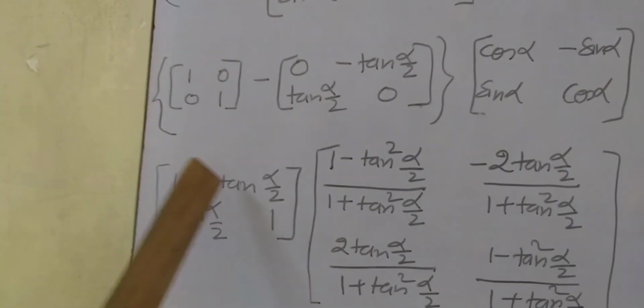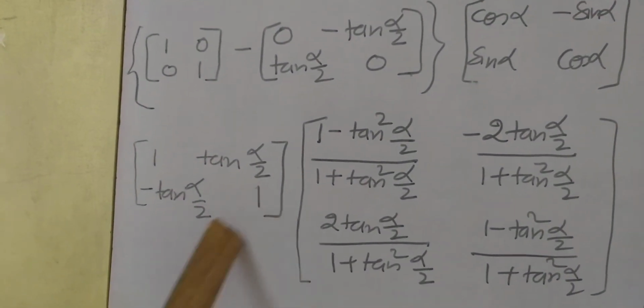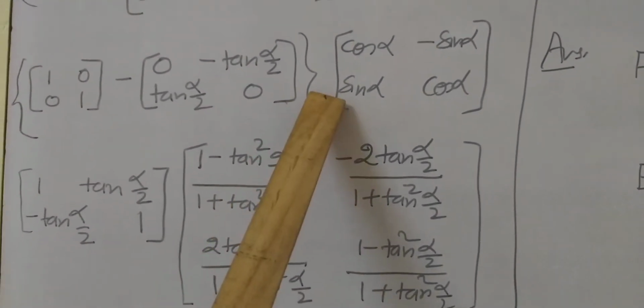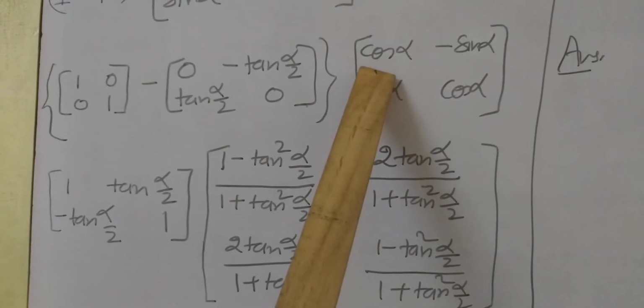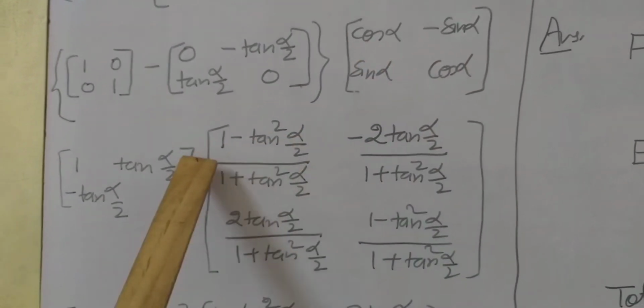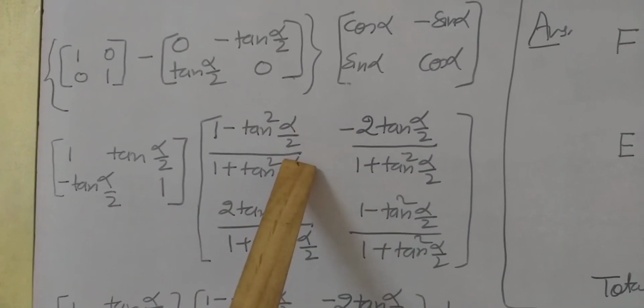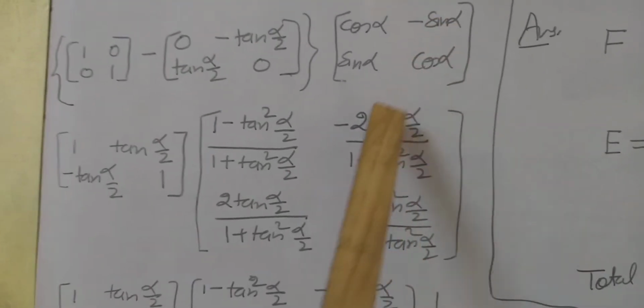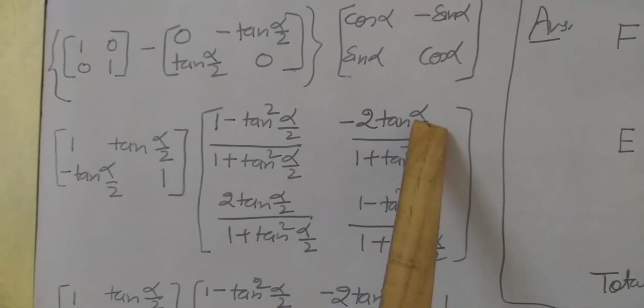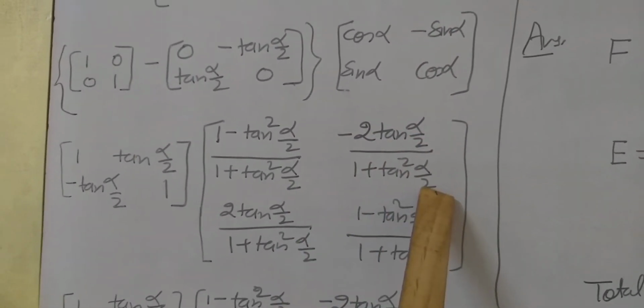Student, you can see this matrix contains tan alpha by 2. So here let us use formula identity of cos alpha and sin alpha. As you know that cos alpha equals to 1 minus tan square alpha by 2 upon 1 plus tan square alpha by 2.